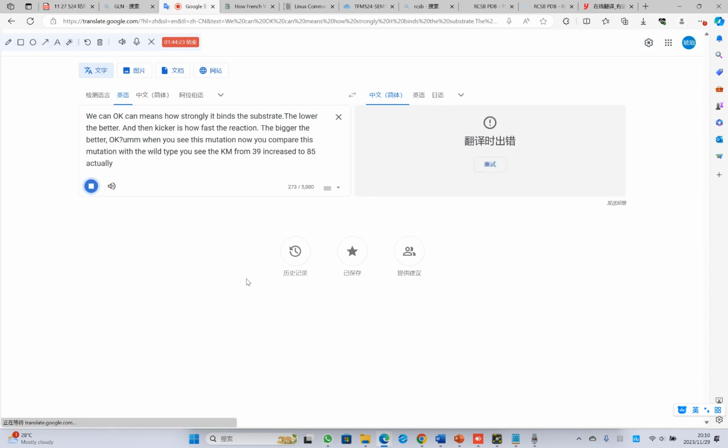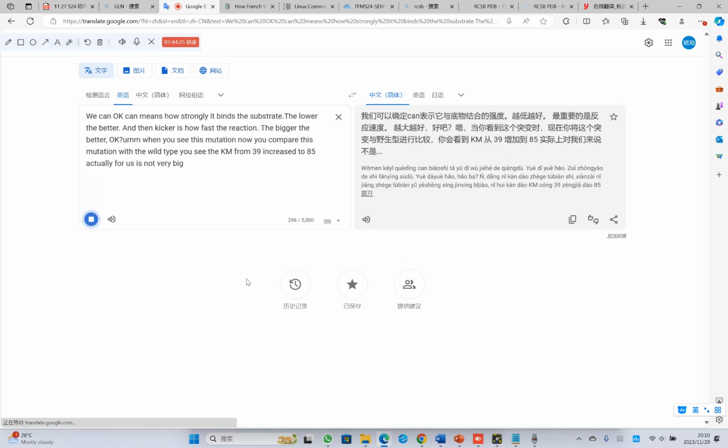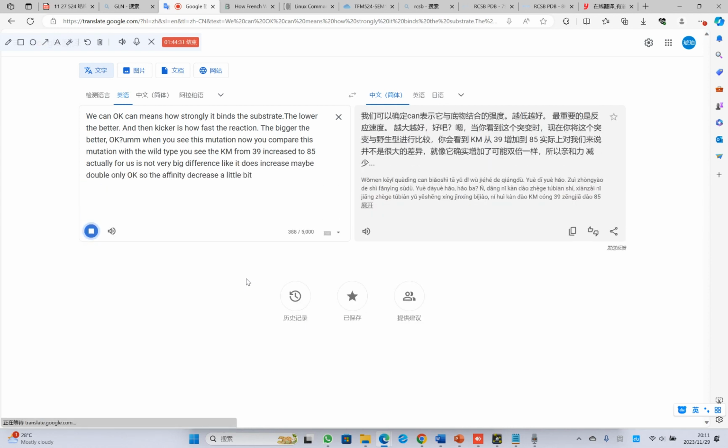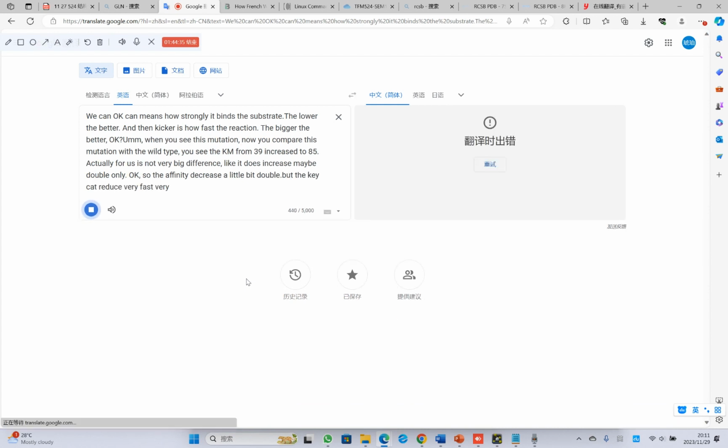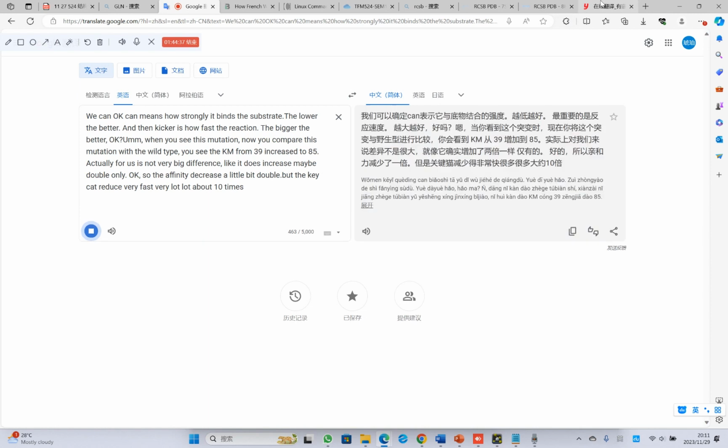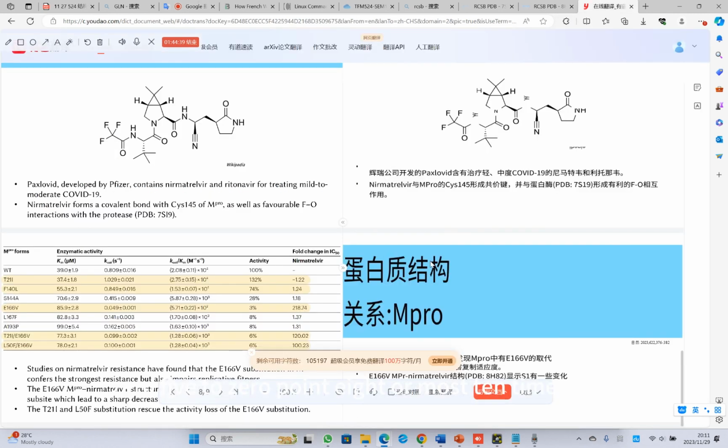Actually for us it's not very big difference, it just increase maybe double only. Okay, so the affinity decrease a little bit, double. But the KCAT reduce very fast, a lot, about 10 times, 0.05 to 0.08, more than 10 times.